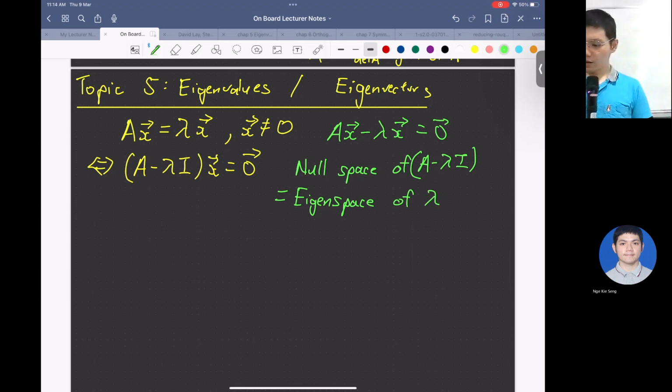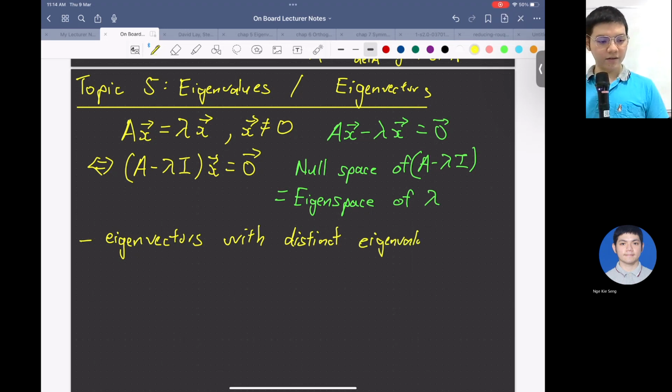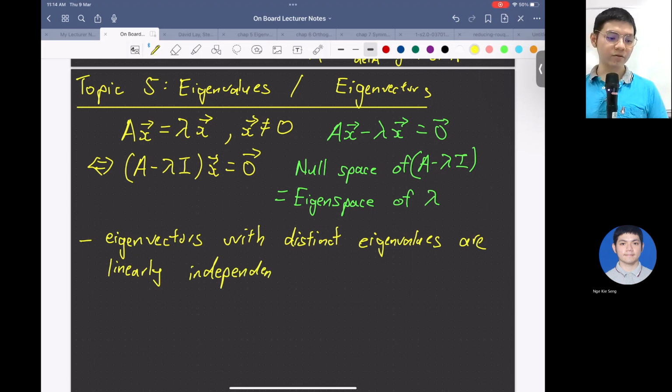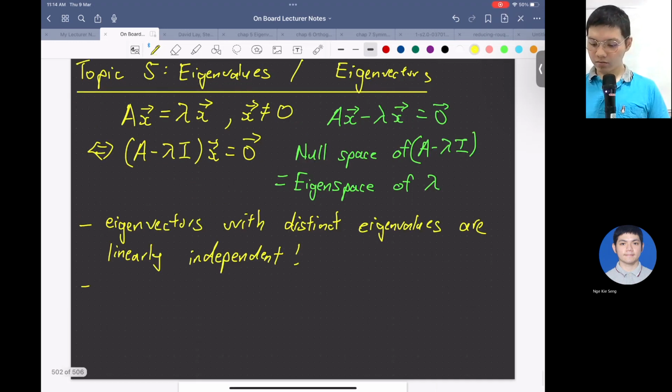One important thing to note here is that eigenvectors with distinct eigenvalues are linearly independent. This is the one I put inside the quiz. This fact is very important for diagonalization.